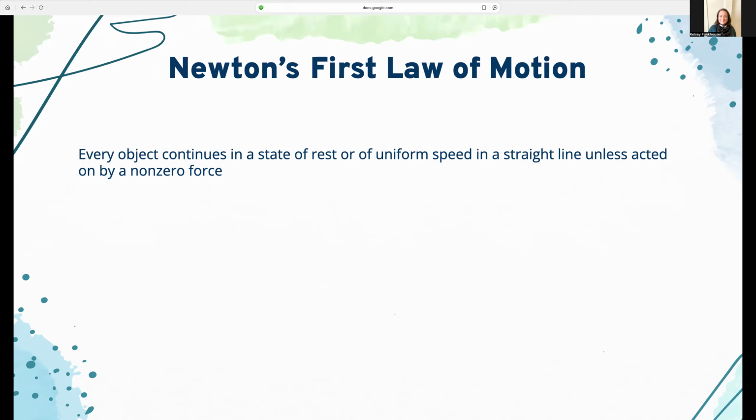And that is because of this concept of Newton's first law or the law of inertia, where objects want to stay in the state they're in, either moving or not moving, unless they're acted on by a force.